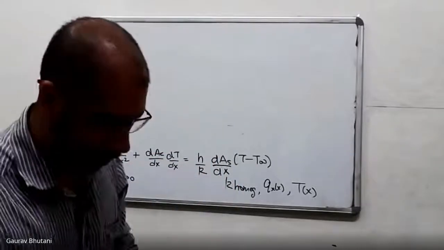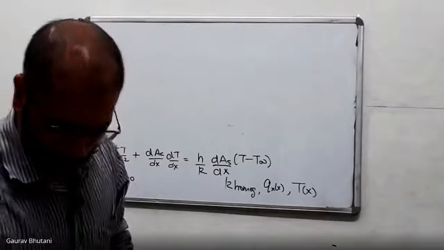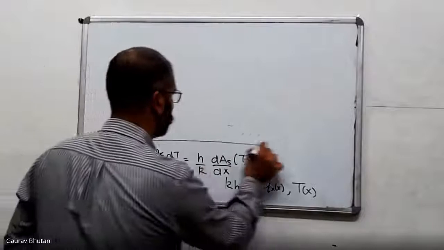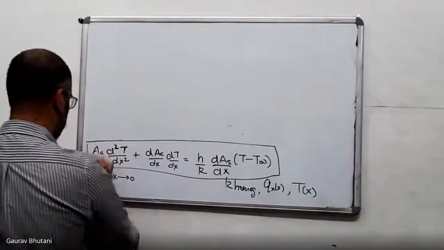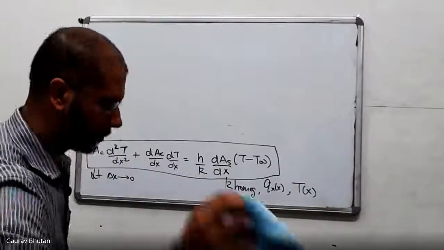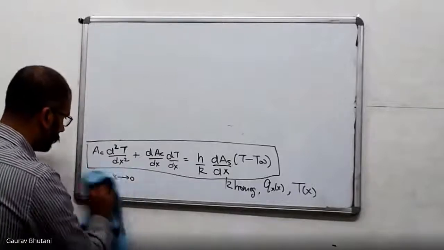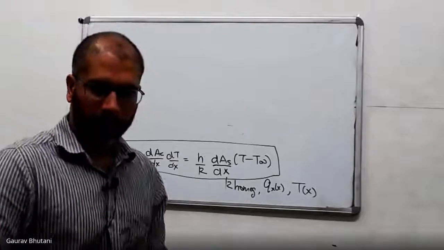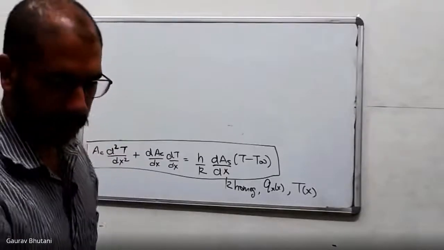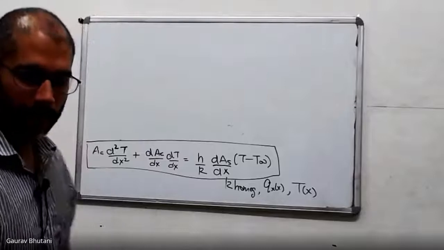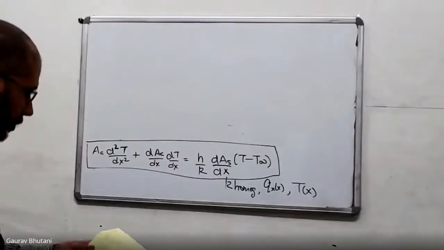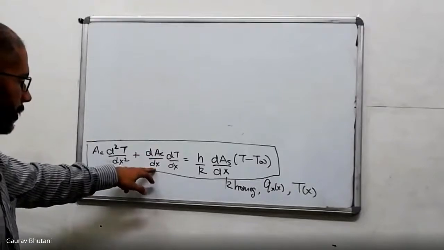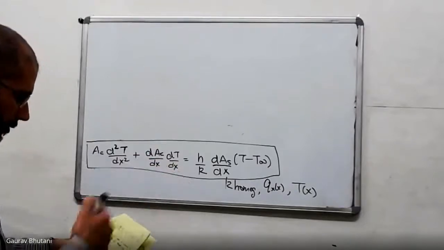I'll keep the equation on the board because I'll be needing that. You can see that this looks a bit different from our heat conduction equation in a slab, because you have dAC by dx, and you also have convection happening on the surface of the fin.